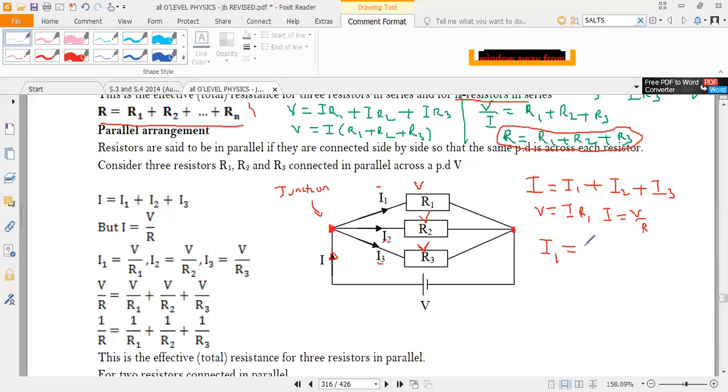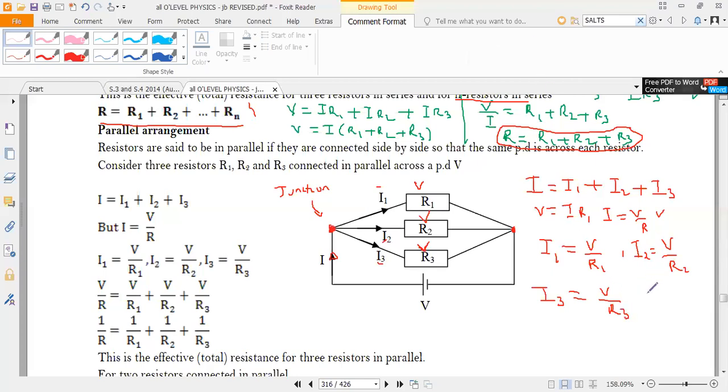So I1 will be given by V divided by R1 using this equation here. Then also I2 is given by V, since it is the same potential difference, divided by R2. Then I3 is given by V divided by R3.